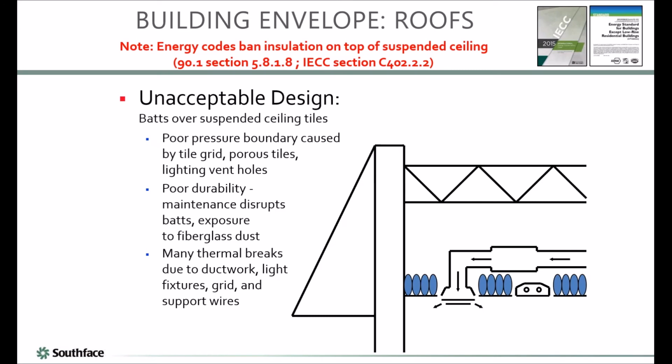It's actually been in ASHRAE 90.1 since the 1999 version. They explicitly spelled it out, and the IECC a couple years later spelled that out too. It used to be kind of implied, but now it's actually stated you cannot do this and count it as part of your envelope. You can do it for acoustic reasons, but that has its own set of issues.